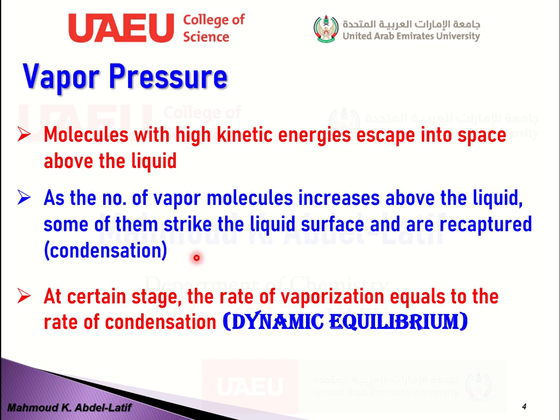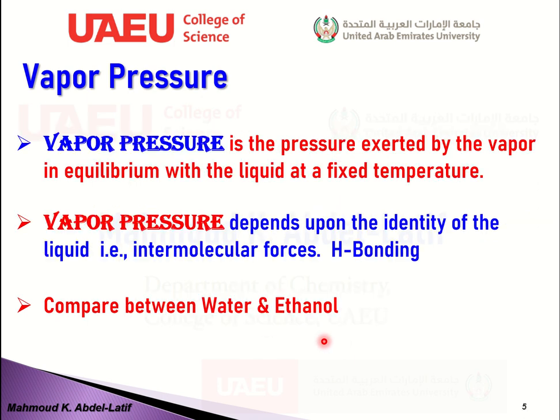With time, at a certain stage, the rate of vaporization equals the rate of condensation. Under those conditions, we reach an equilibrium called dynamic equilibrium between the vapor and liquid. Now we can define the vapor pressure.